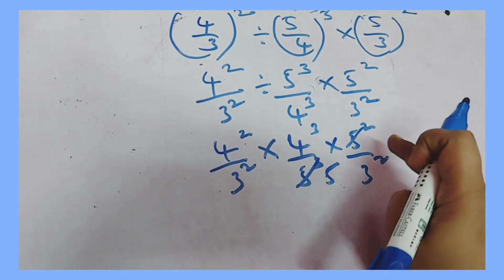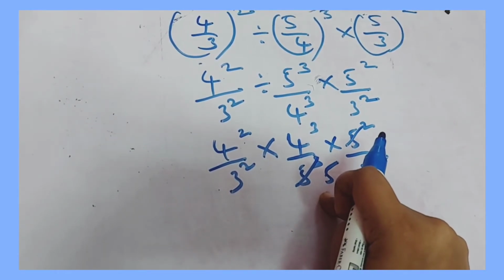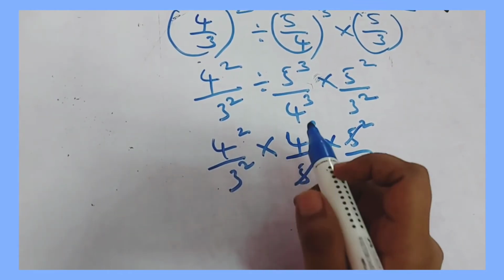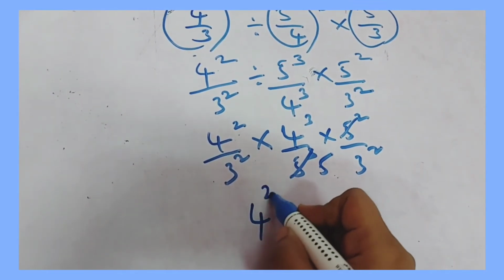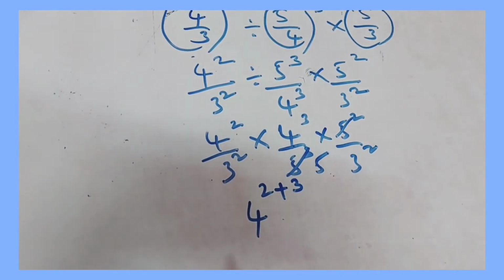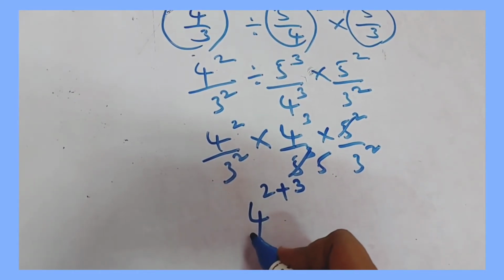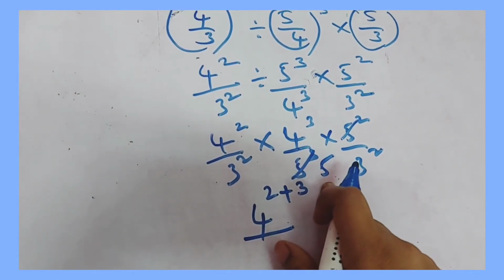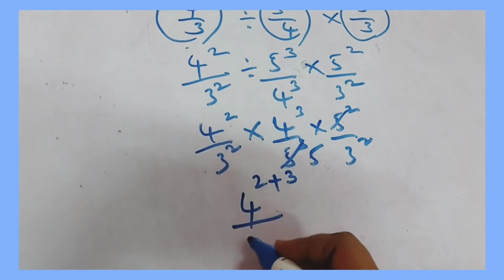If we cancel 5's, 5 will be left here. So here 4 square is there, here 4 cube is there. If the bases are same, power should be added. 4^(2+3). Then 3 square is there here, then 5 is there here.